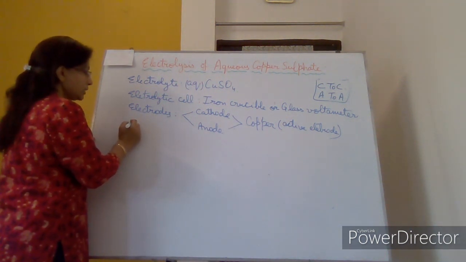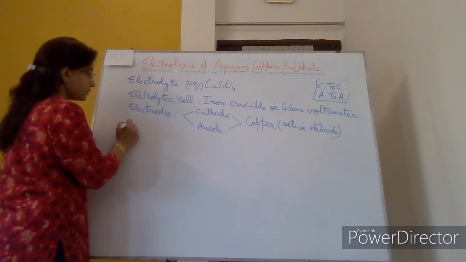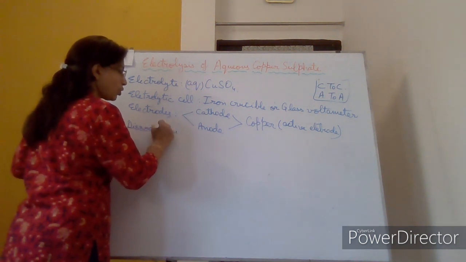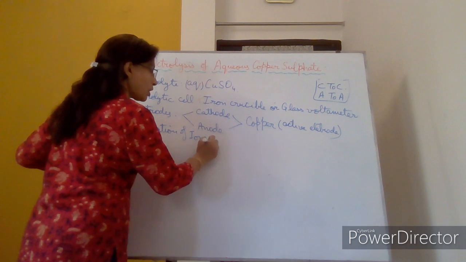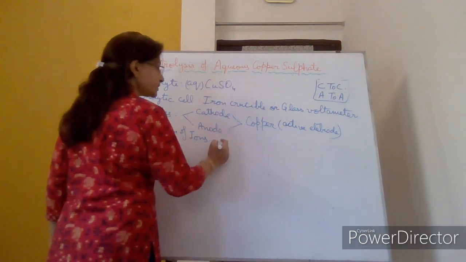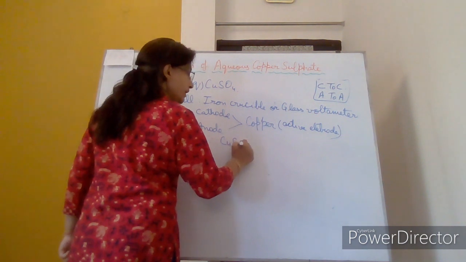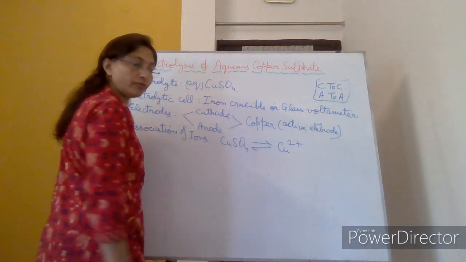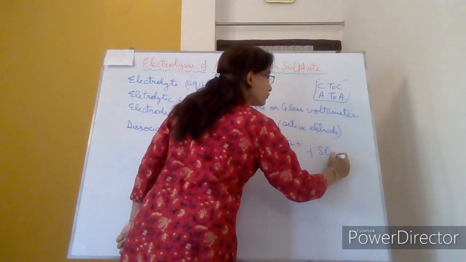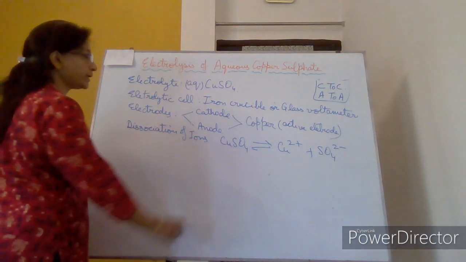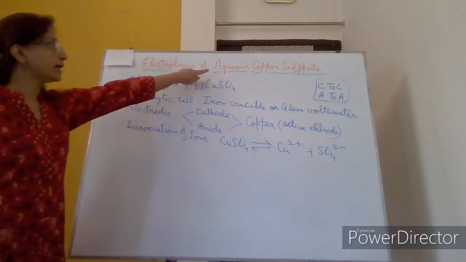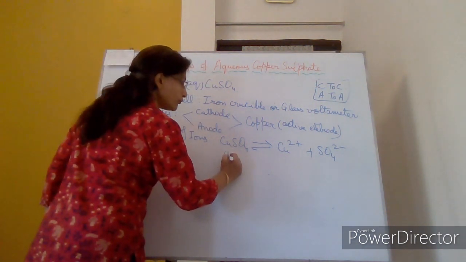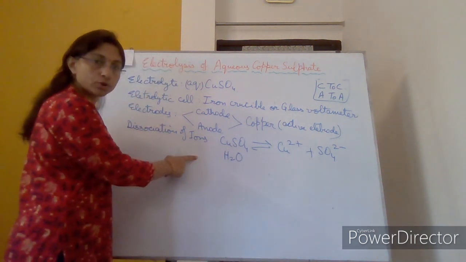So let's have a look. We have dissociation of ions. CuSO4 will produce Cu 2 positive plus SO4 2 negative ions, correct? And since it is an aqueous solution, dissolved in water, obviously along with CuSO4, water is also present.